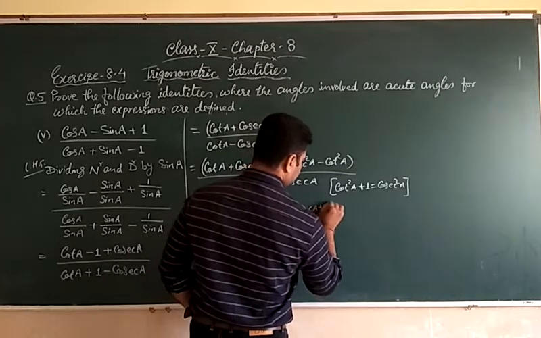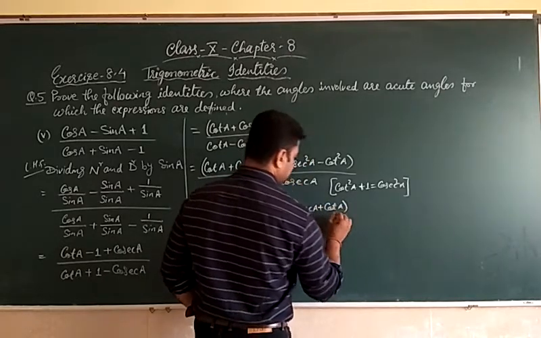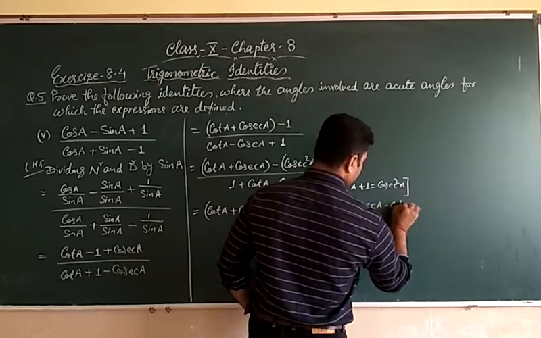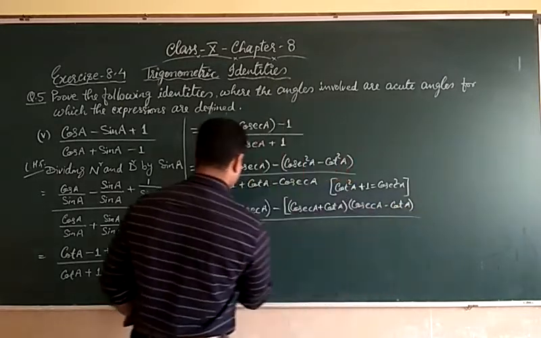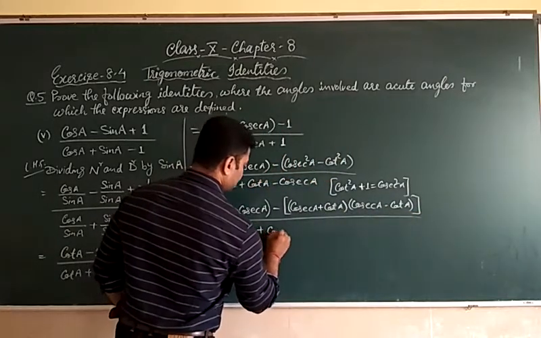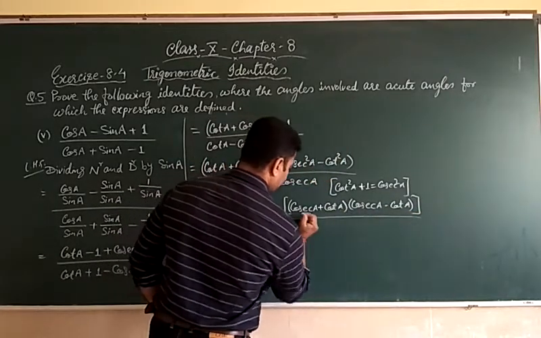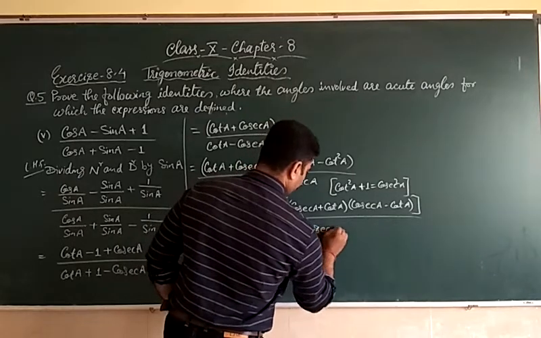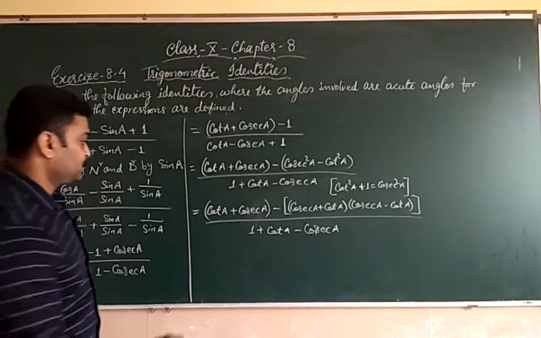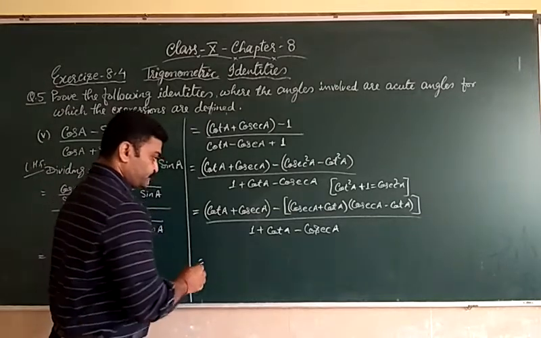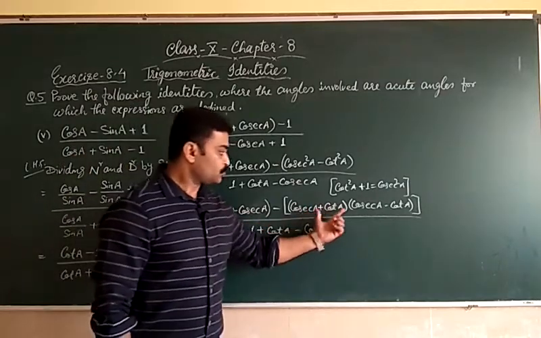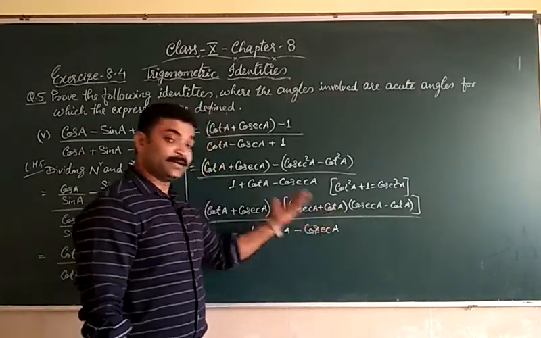and (cosec A minus cot A), whole upon 1 plus cot A minus cosec A. Clear? Don't get confused. Cot A plus cosec A, and here also cot A plus cosec A. We can take common.